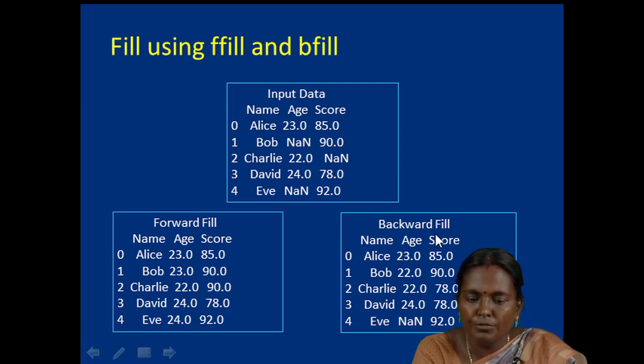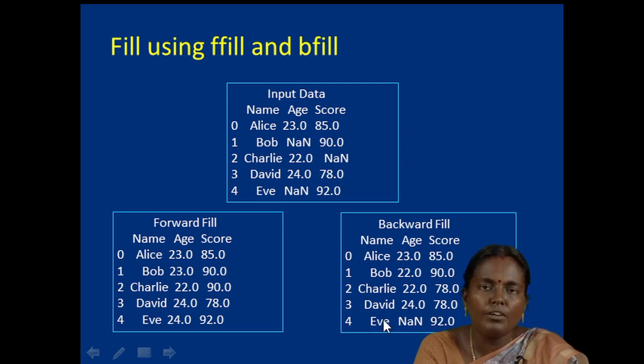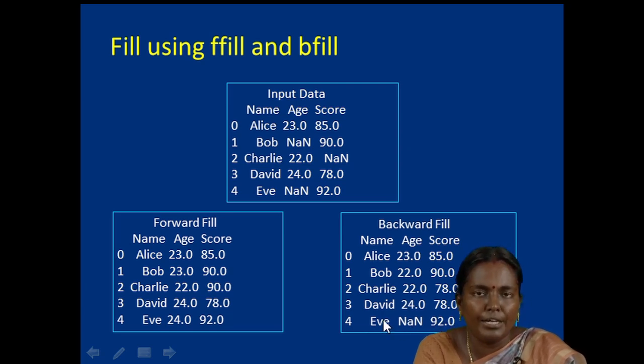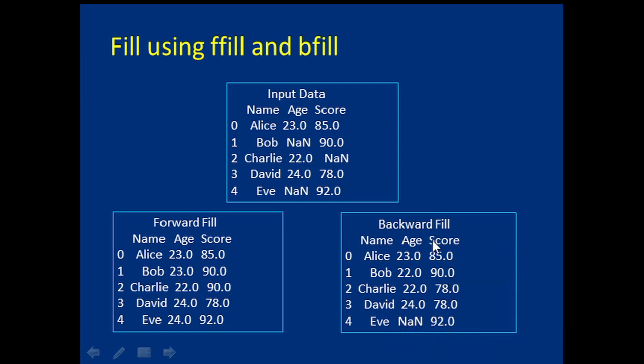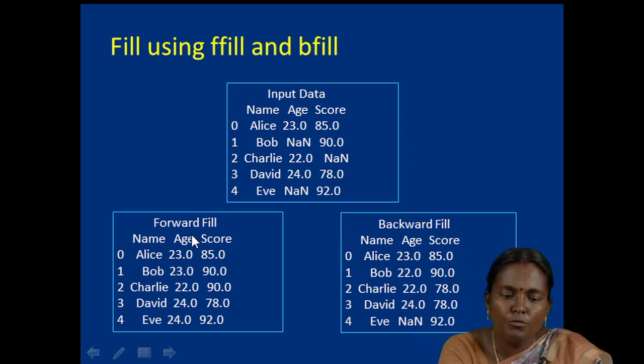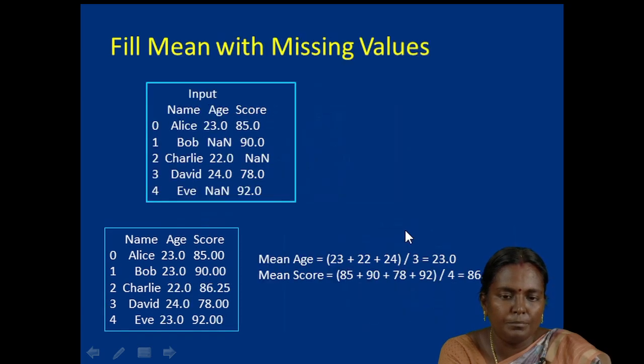For the backward fill, Bob has a missing value which is replaced from Charlie's value, and Eve again has a NaN value because this is the last row and does not have any value after it. So a missing value remains in your backward fill. This is an example for forward fill and backward fill.